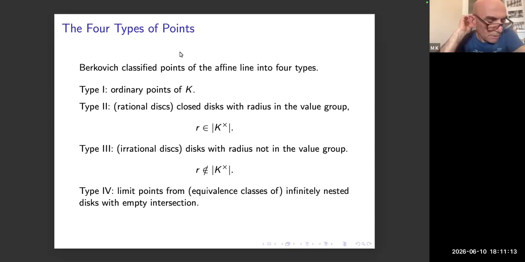The space is definitely Hausdorff. This is one of the features. It's not like the Zariski topology, which is not Hausdorff.